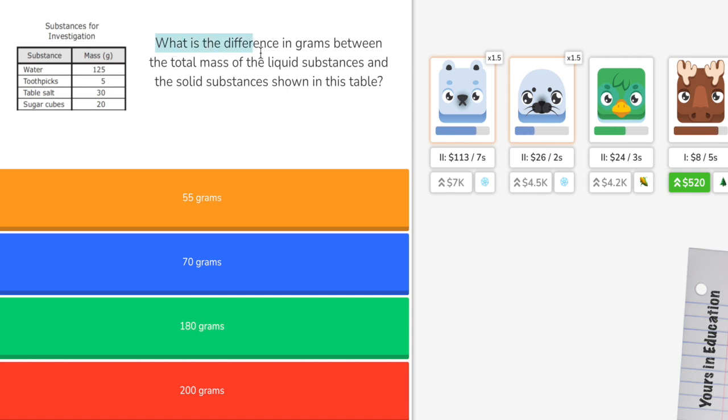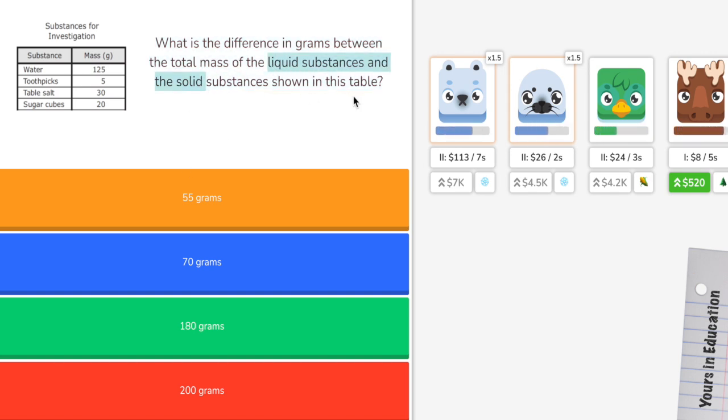What is the difference in grams between the total mass of the liquid substances and the solid substances shown in this table? So when it says the difference, you need to subtract. That's math here. I'm going to subtract liquid versus solid.